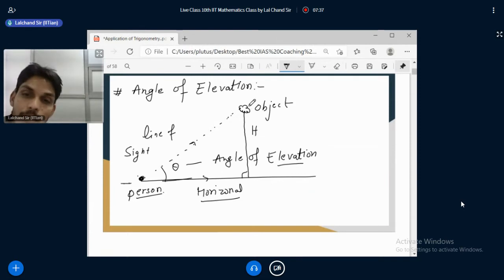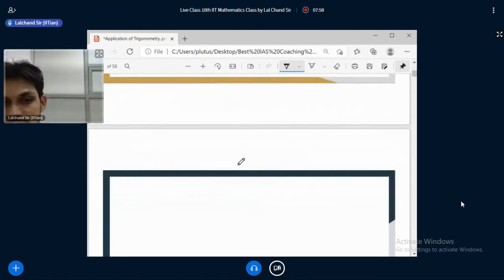If we use trigonometry in this right angle triangle, we can calculate h, we can calculate this base, we can calculate this length too. So in the problem, we need to calculate one of these lengths. Okay. So I think this is clear to you. What do you mean by angle of elevation? Okay, fine.